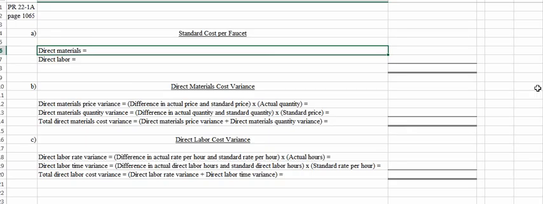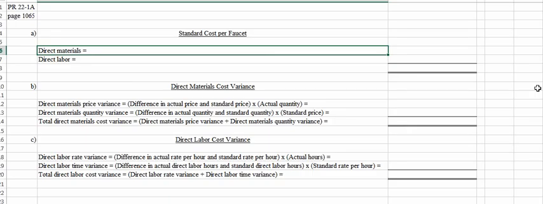Okay, and they give us standard wage per hour, standard labor time per faucet, standard number of pounds of brass, and that's going to be per faucet as well, standard price per pound of brass, actual price per pound of brass, actual pounds of brass used during the week, number of faucets produced during the week, the actual wage rate per hour, and the actual hours for the week.